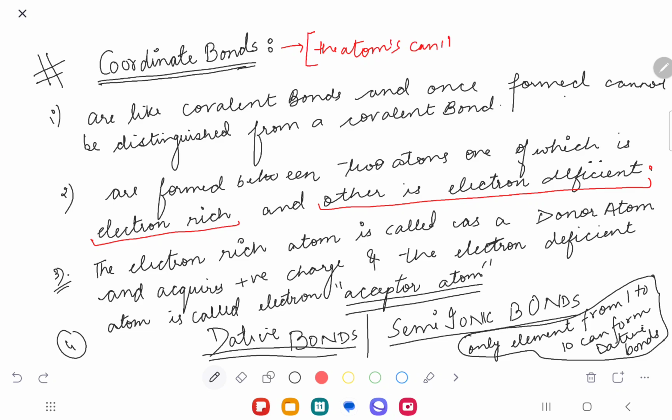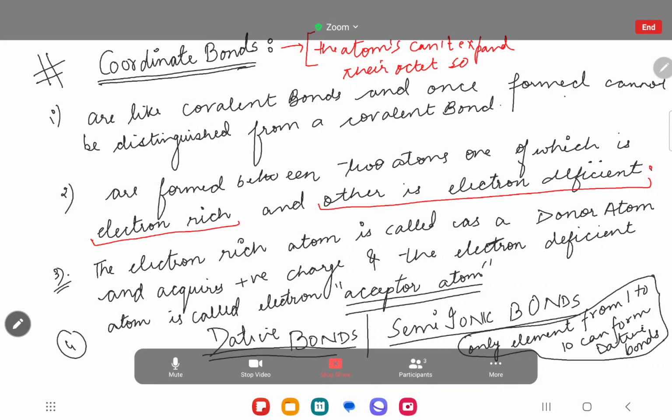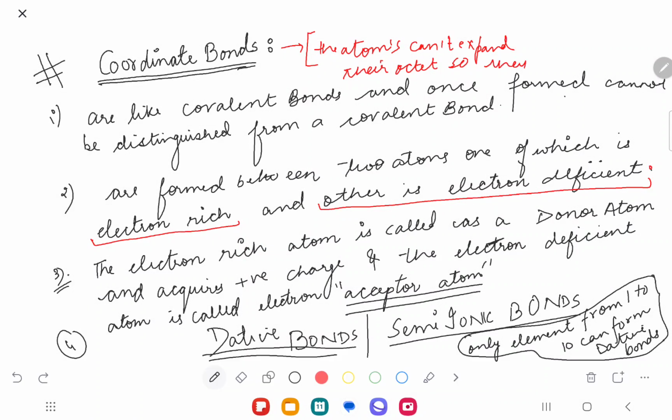Beryllium oxide, hydrogen fluoride? No, they are normal covalent bonds. Listen, when we are talking about coordinate bonds, the atoms can't expand their octet, so they form coordinate bonds.